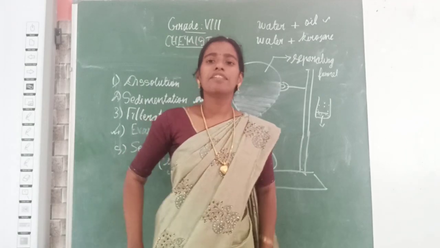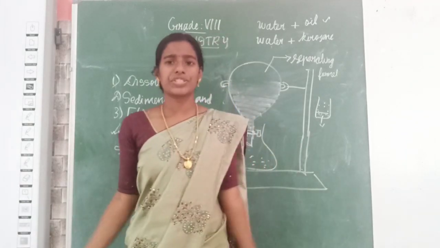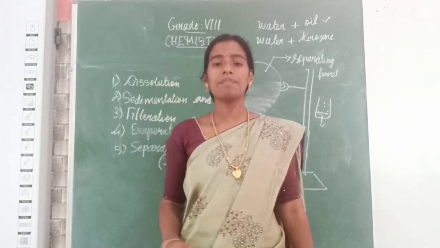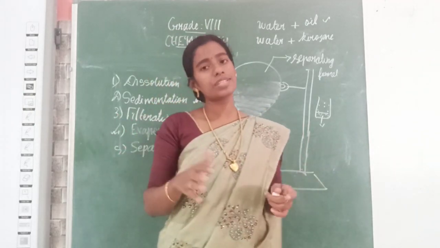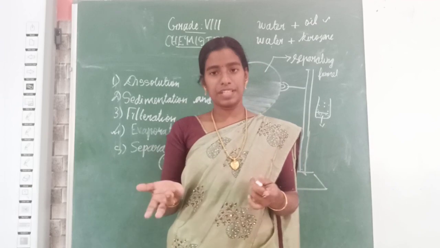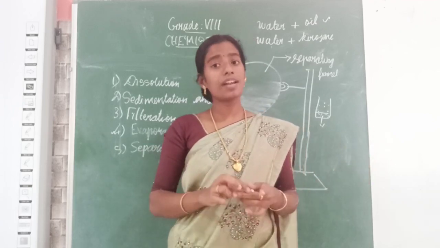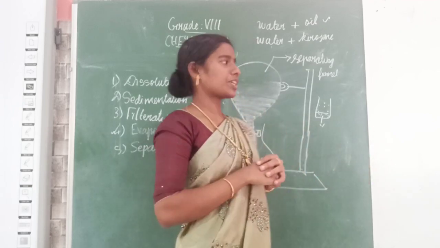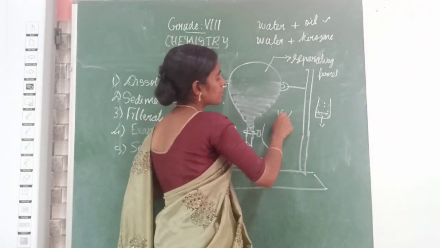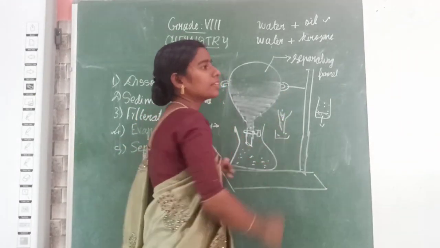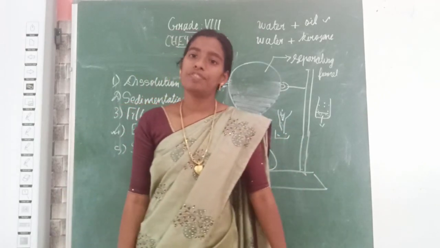Filtration using filters. That may be any filters. A sieve can also be used as a filter. When you consider chemistry, you use filter paper as a filter for performing filtration. When you keep the filter paper here, the solid particles will stay and liquid will be collected. This is nothing but called filtration.